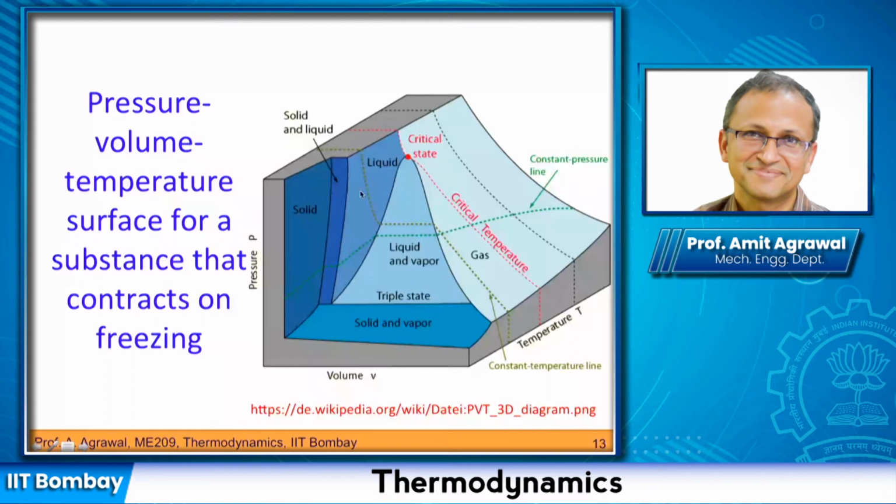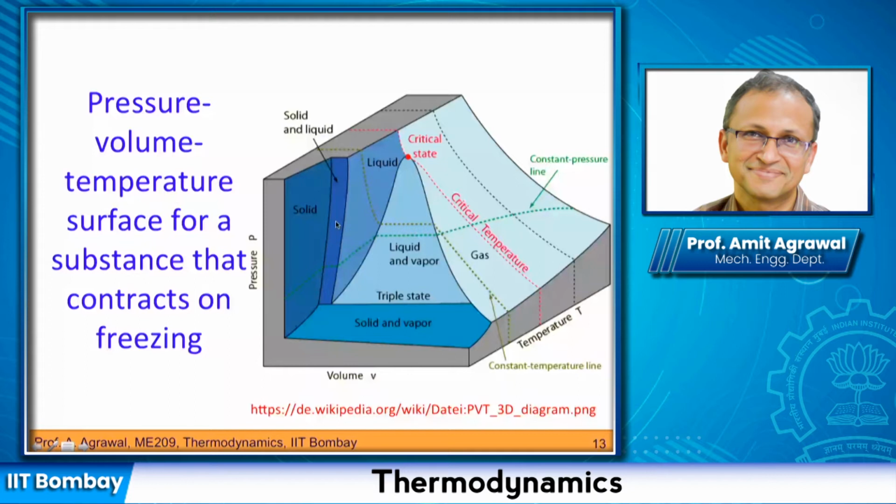And then you can see that between solid and liquid, just like you have between liquid and vapor, we have this 2-phase region, which will be essentially ice melting or water freezing. Of course, it does not happen instantaneously. Again, just like you have a quality parameter here, you can have a quality parameter here as well.